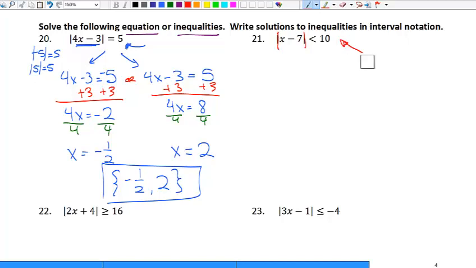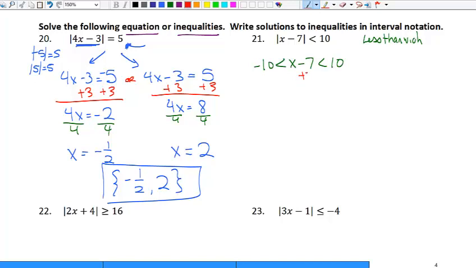Yeah, it is. Because those two things are qualified, we can now decide, is this a less than problem or a greater than? Well, because this inequality kind of looks like an L, this is going to be a less than problem, which means I'm going to sandwich the x minus 7 between 10 and -10.